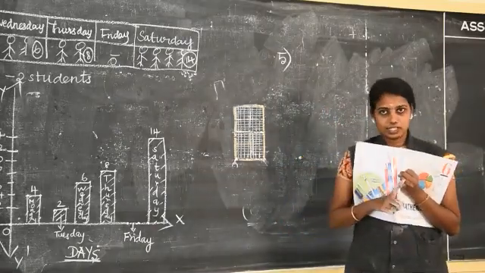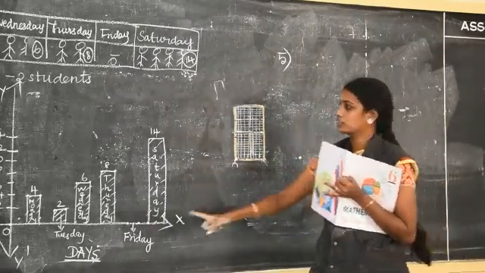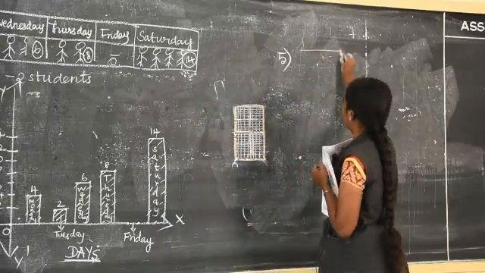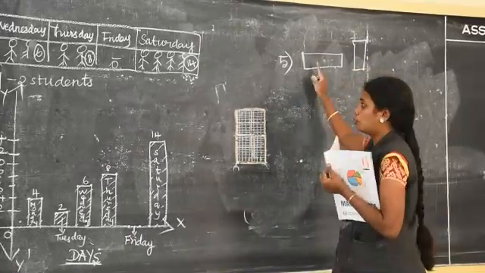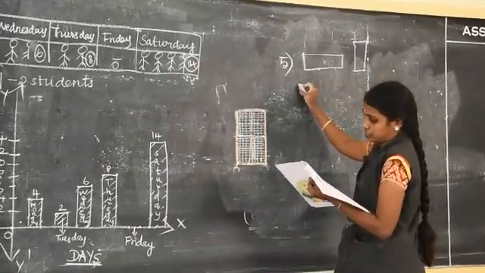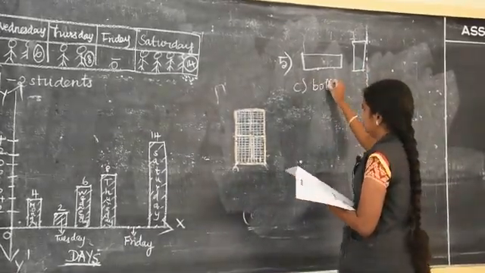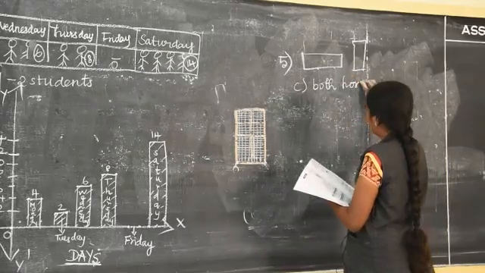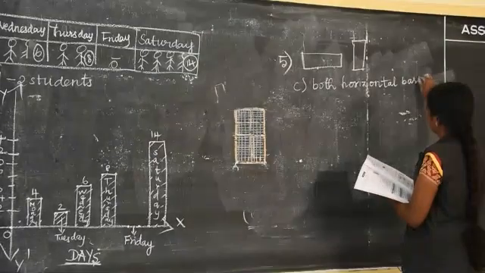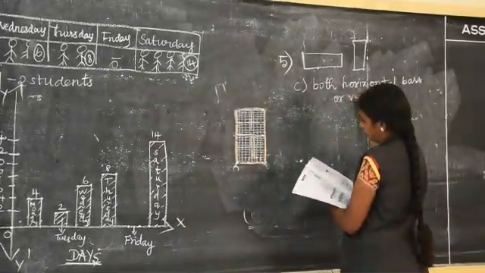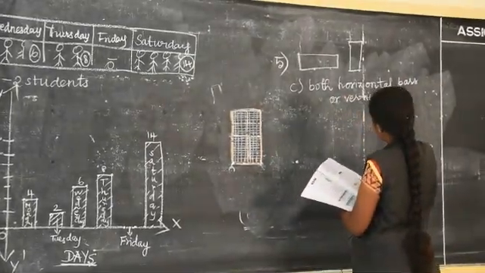We can draw by the horizontal also, vertical also. This is called vertical. You can draw the bar graph like this also. So both horizontal and vertical is the answer. Option C.